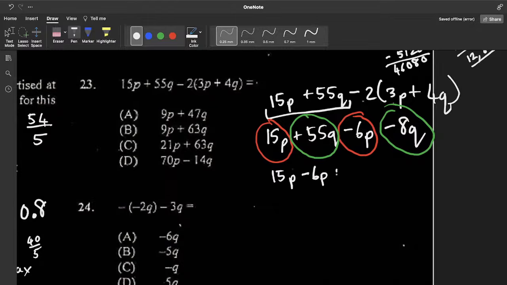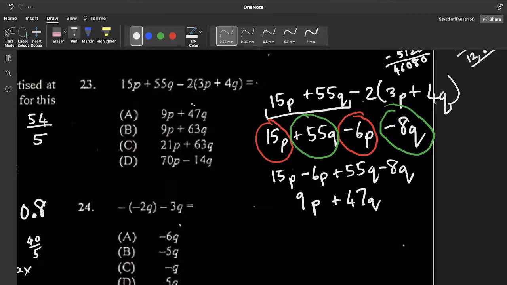Then we have plus 55q, and we bring this sign with it, which is minus 8q. So therefore, if you do 15p take away 6p, we'll end up with 9p. And then if you say plus 55q take away 8q, that would leave us with plus 47q.